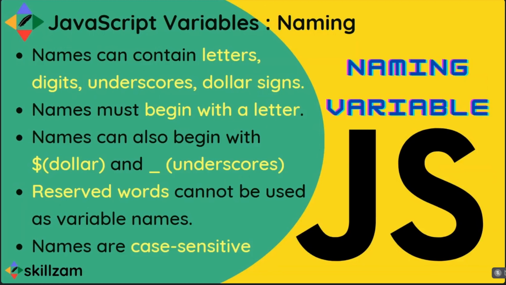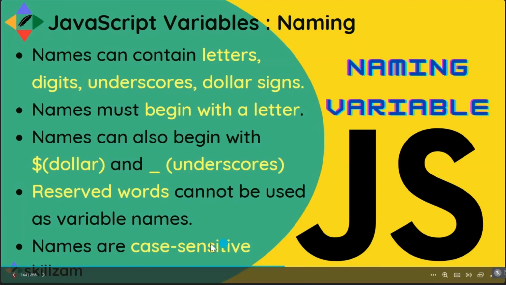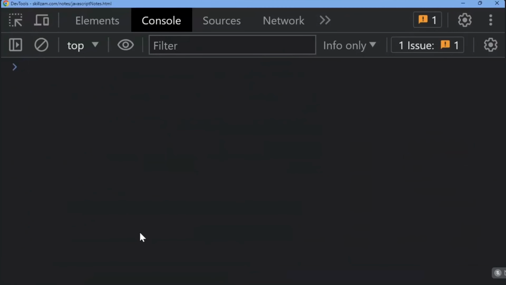And at the same time, the names are case sensitive. What it means is, let me give that example. Let's say price is equal to 99.99.